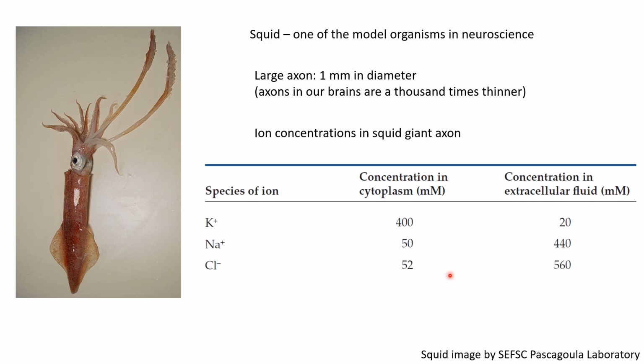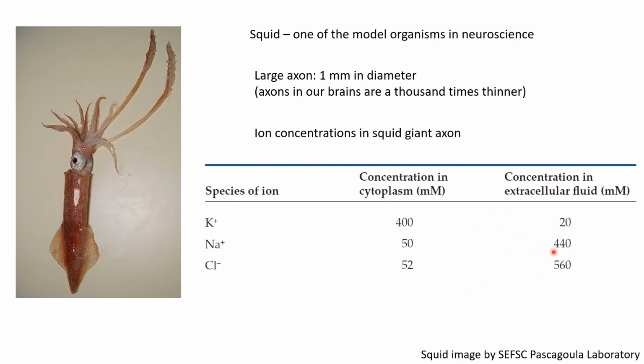But you can appreciate the fact that the ions that are more abundant inside and the ions that are more abundant outside are the same between humans and squids. So we have more sodium and chloride outside compared to inside, and we have more potassium inside compared to outside, even though these exact values are different from the values that we see in humans. But the relative trend remains the same.